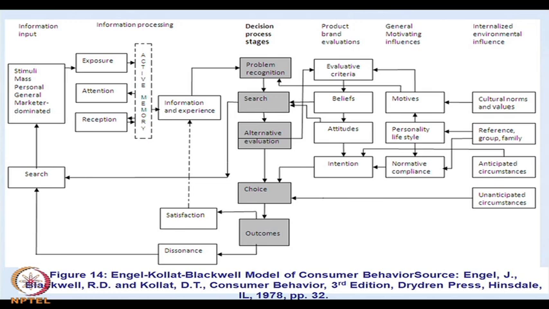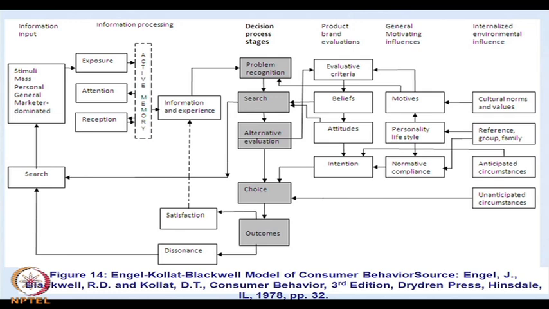To start with, let us first discuss information input. The information input includes all the different kinds of stimuli that a consumer is exposed to, and such stimuli trigger a kind of behavior. So, any and all of the stimuli that a consumer is exposed to and which triggers some kind of behavior constitutes what we call information input.